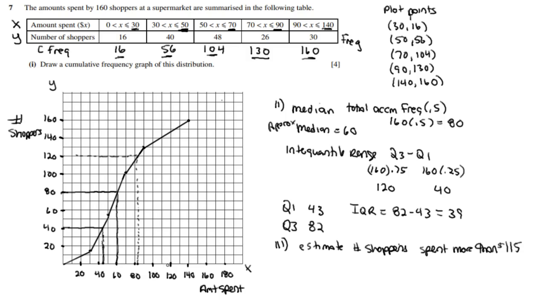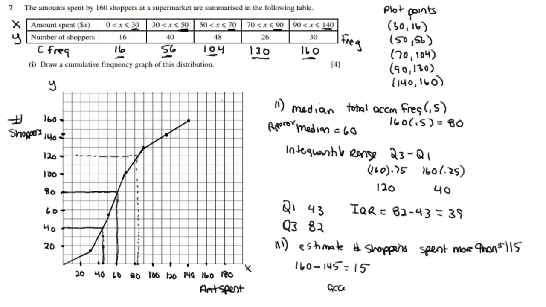I'm going to start with the amount spent and then go up, because that's what I know, the amount spent, and then I'm going to take it across here, and I can see that it's going to be somewhere around here. All right, so it looks like it's in the middle, not between 140 and 150. So I'm going to say it's going to be about 145, but it's going from 160 to 145.